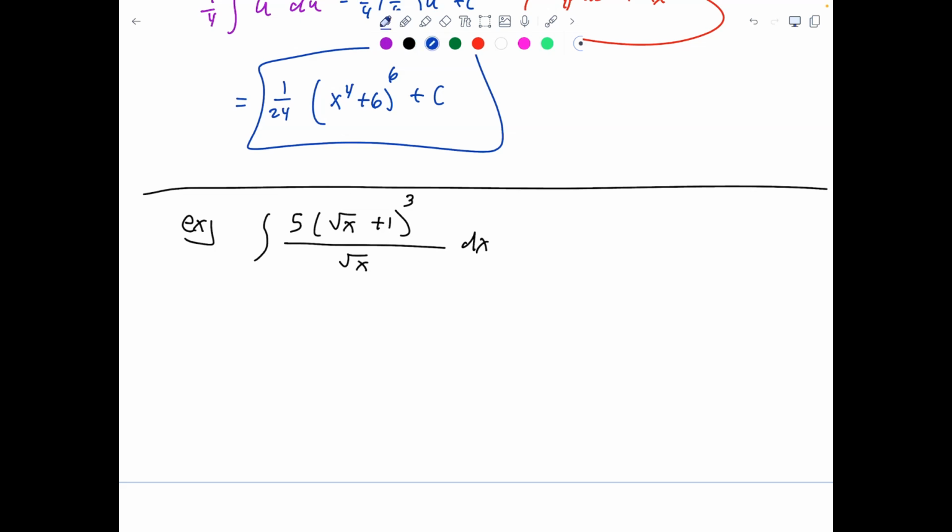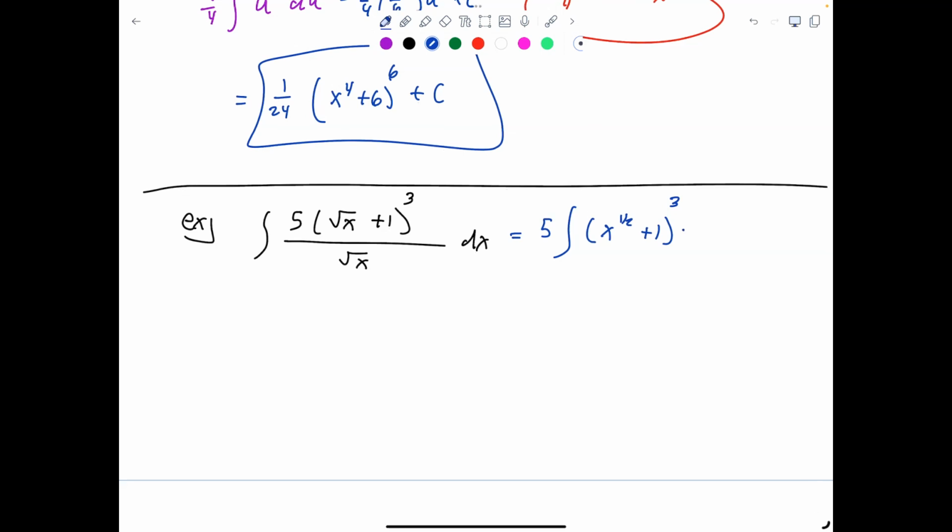So in cleaning this problem up, I can pull the 5 outside the integral to start with. And then this becomes what? Algebra. What does square root of x plus 1 become? (x to the 1/2 plus 1) to the 3rd power times x to the negative 1/2 dx.